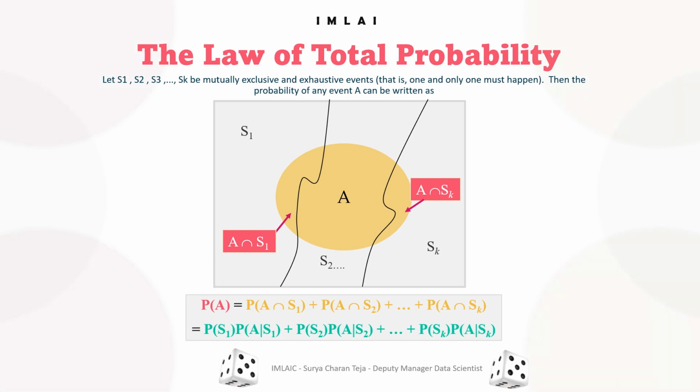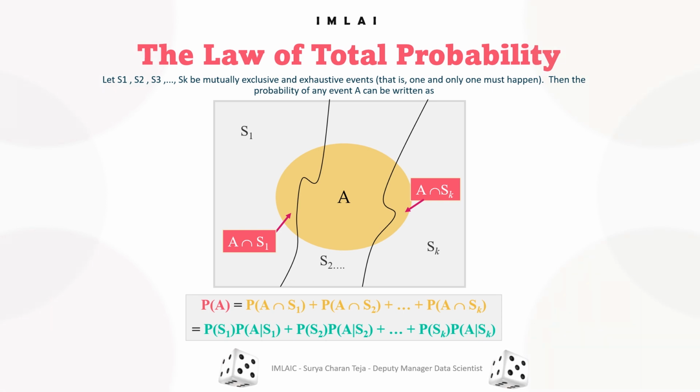I'll repeat it one more time. The law of total probability is a fundamental concept in probability theory that states that the probability of an event can be expressed as the sum of the products of the conditional probabilities of the event occurring given each possible condition, weighed by the probability of each condition.